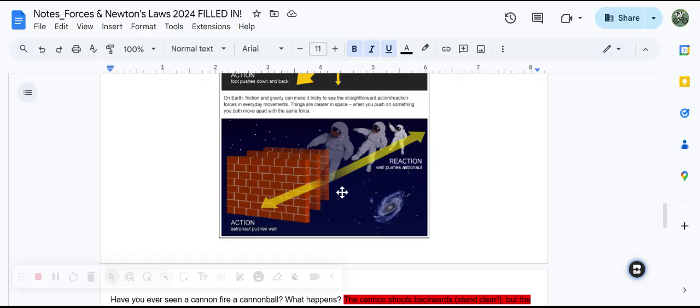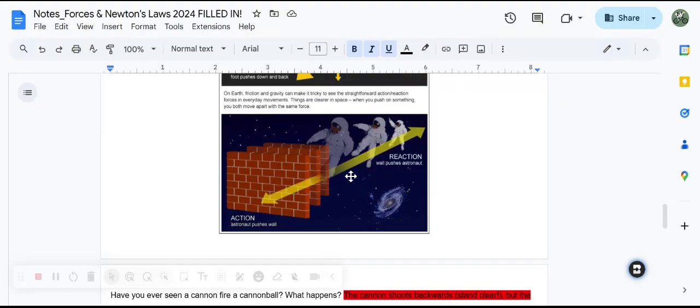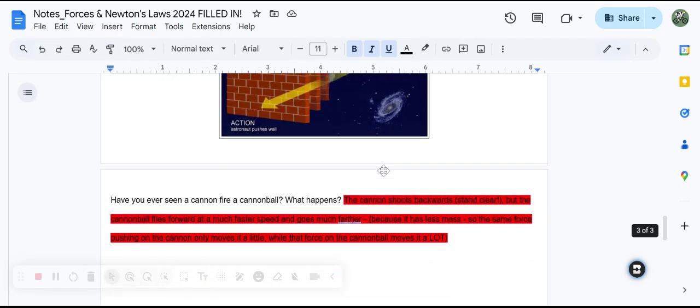If you push a brick wall on Earth, that brick wall is not going anywhere because it's way heavier and there's gravity, right? It's stuck to the ground. That brick wall is technically kind of a part of Earth at that point, right? Because it's connected to it. But in space, if that astronaut pushes, that brick wall will move away, but so will the astronaut. They'll go flying backwards because there's nothing tethering that astronaut to the ground or anything.